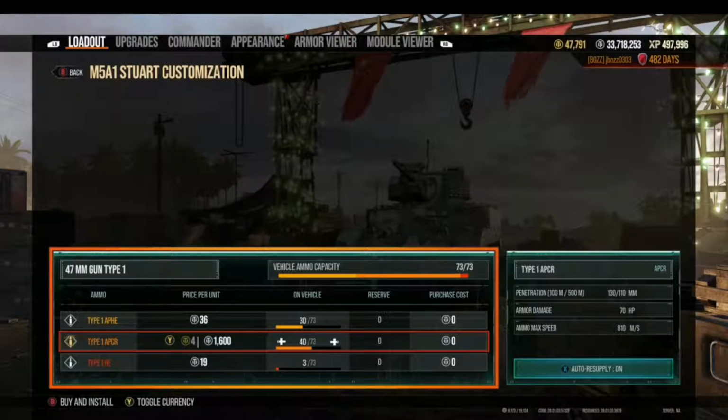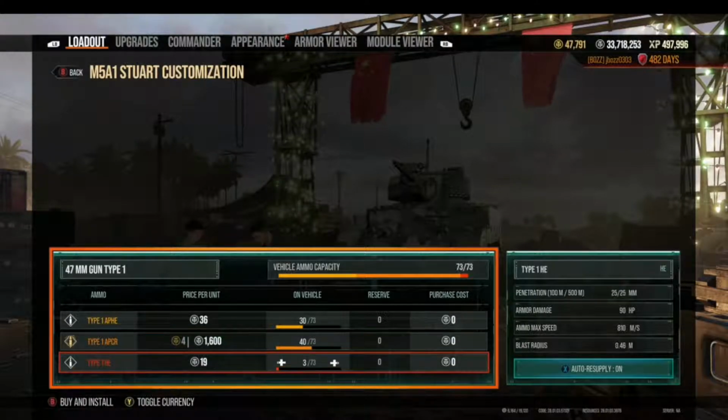They're pretty standard on artillery. They have more base damage than AP, APCR, or HEAT rounds, but they have low pin. So these generally do not pin well.